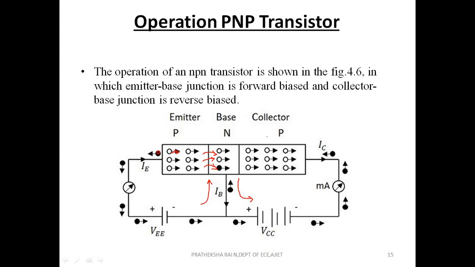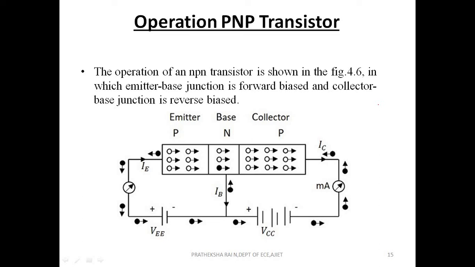So IE is inwards, and what about IB plus IC? Here also the emitter current will be equal to the base current plus the collector current: IE = IB + IC.